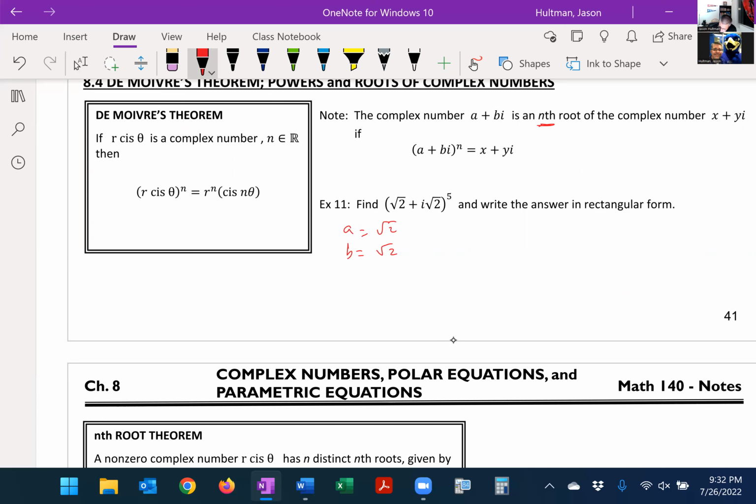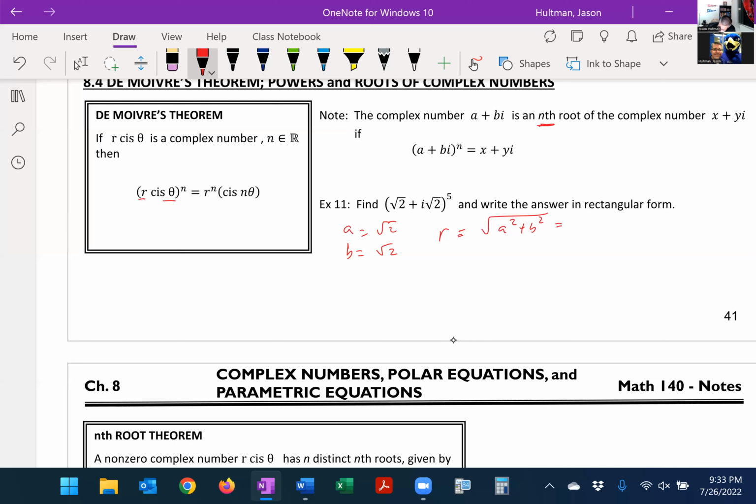Okay, and so what's r going to be? Because we want to get r and theta. Okay, so r is going to be the square root of a squared plus b squared.